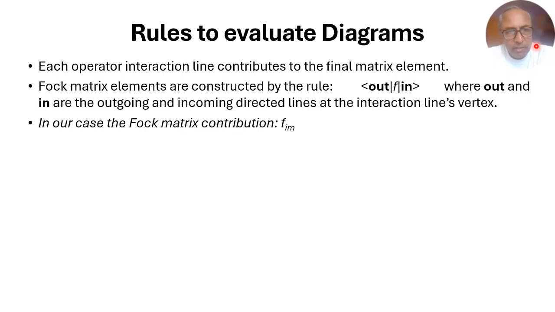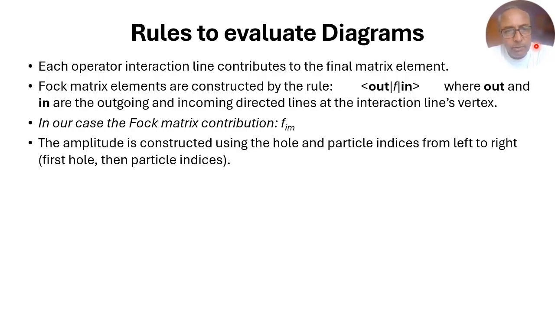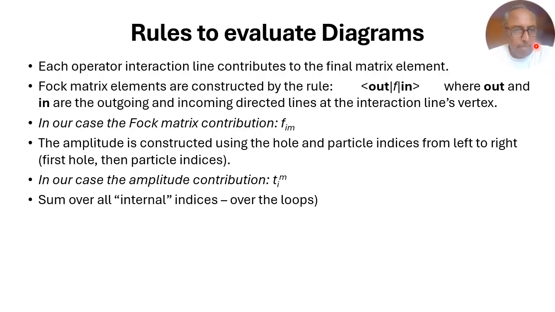In our case, the Fock matrix contribution is Fim. The amplitude is constructed using the hole and particle lines from left to right, first hole then particle indices. In our case, the amplitude contribution is Tim.